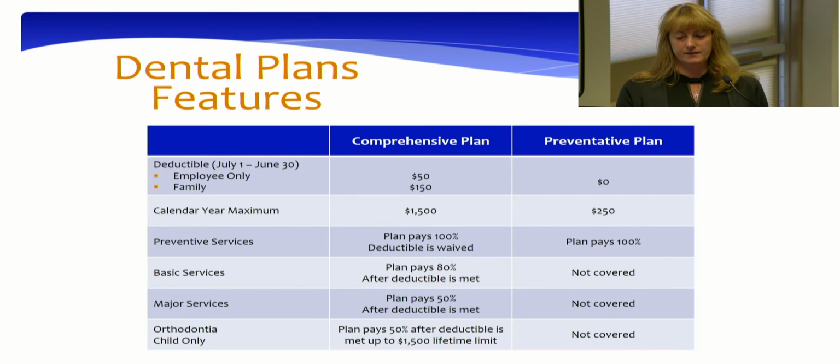And then orthodontia for children only, the plan pays 50% after the deductible, and that is limited to a $1,500 lifetime limit. Under the preventative plan, it has no deductible, and it covers up to $250 for just your preventative services at 100%.